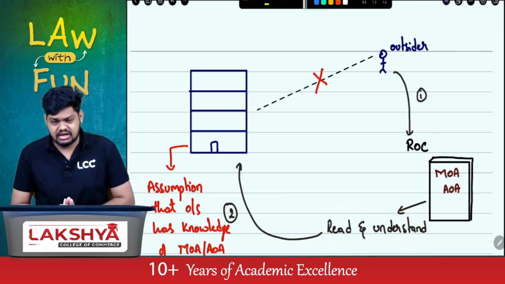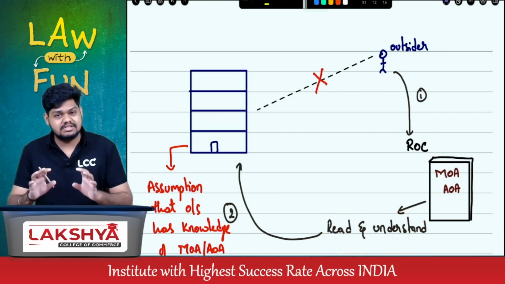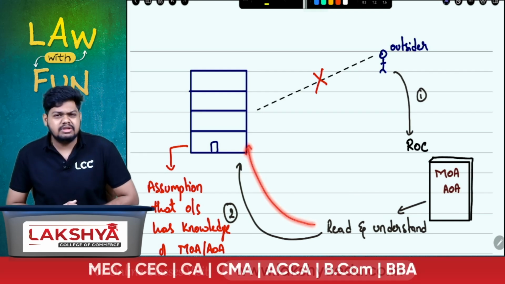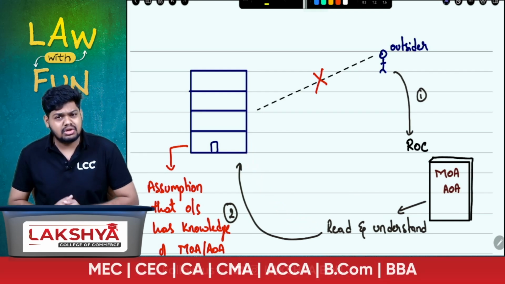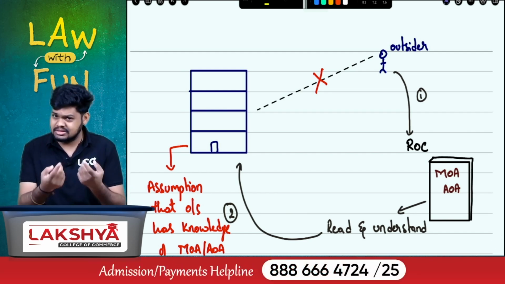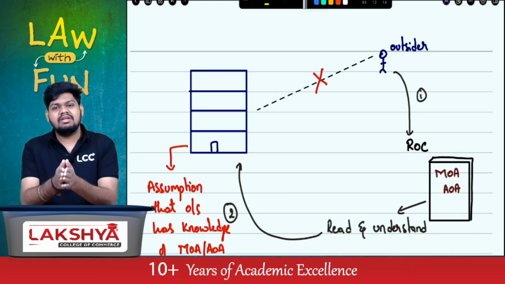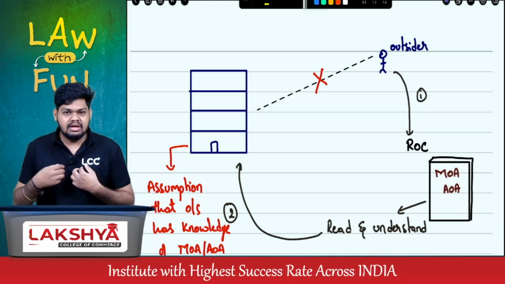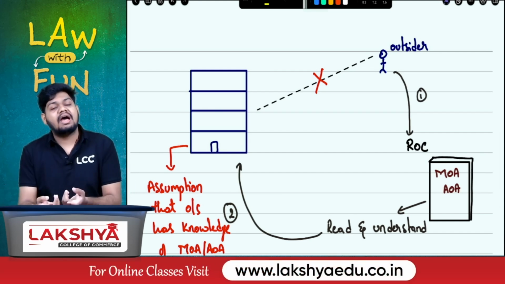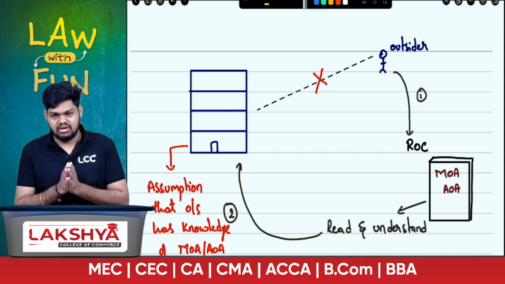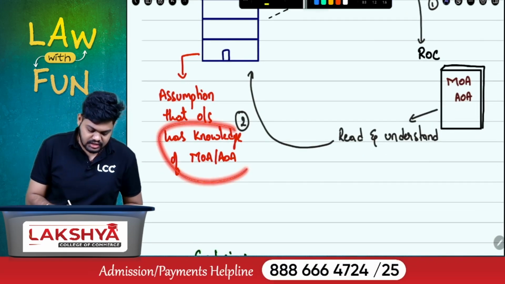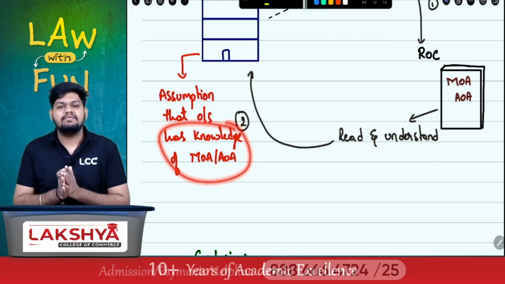Once the inspection is done and they have understood the documents in the rightful sense, then they come and enter into a contract with the company. That means the company, based on the logic of constructive notice, is under the assumption that as and when the third party comes to the company, they might have already approached the ROC and might already have knowledge of the MOA and AOA. We pretend in this assumption that the third party outsider already has knowledge of the MOA and AOA.